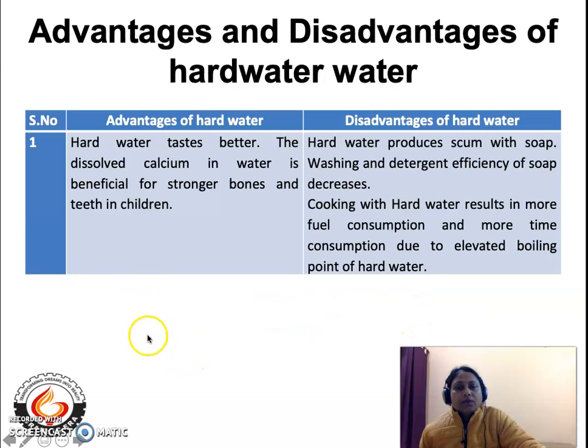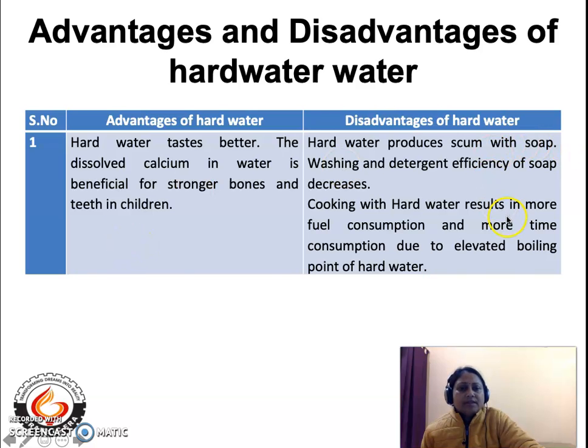Now, what are the advantages and disadvantages of using hard water? The advantage is that hard water obviously tastes better because of the presence of minerals like calcium and magnesium salts, and both are required for healthy bones and teeth and the proper functioning of the human body. So drinking hard water is beneficial for the human body.